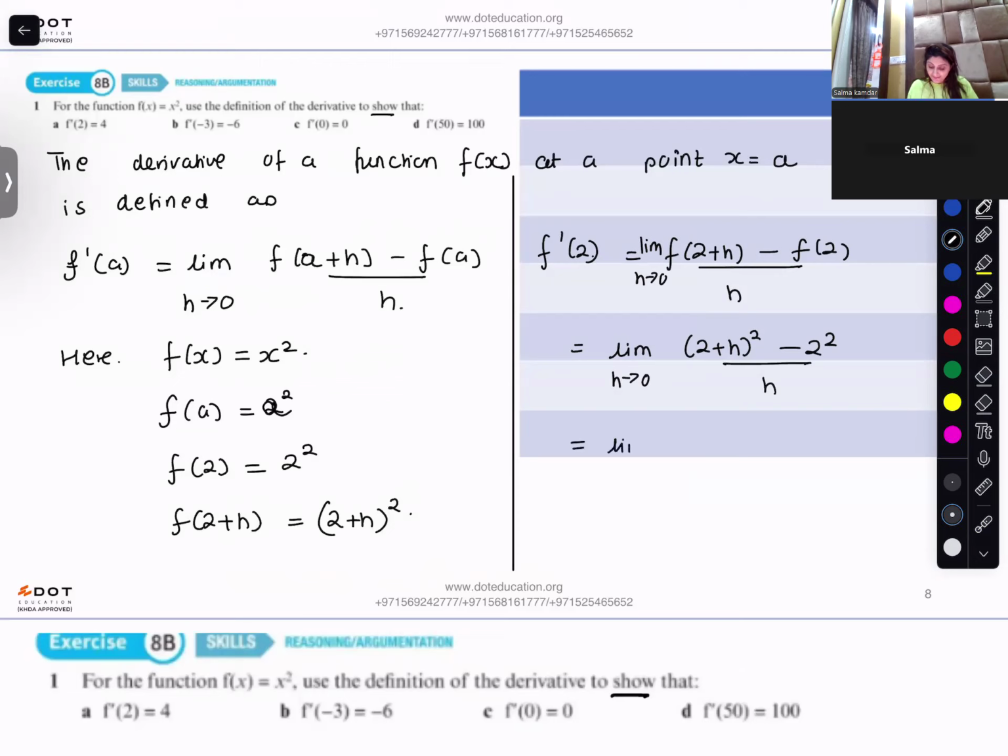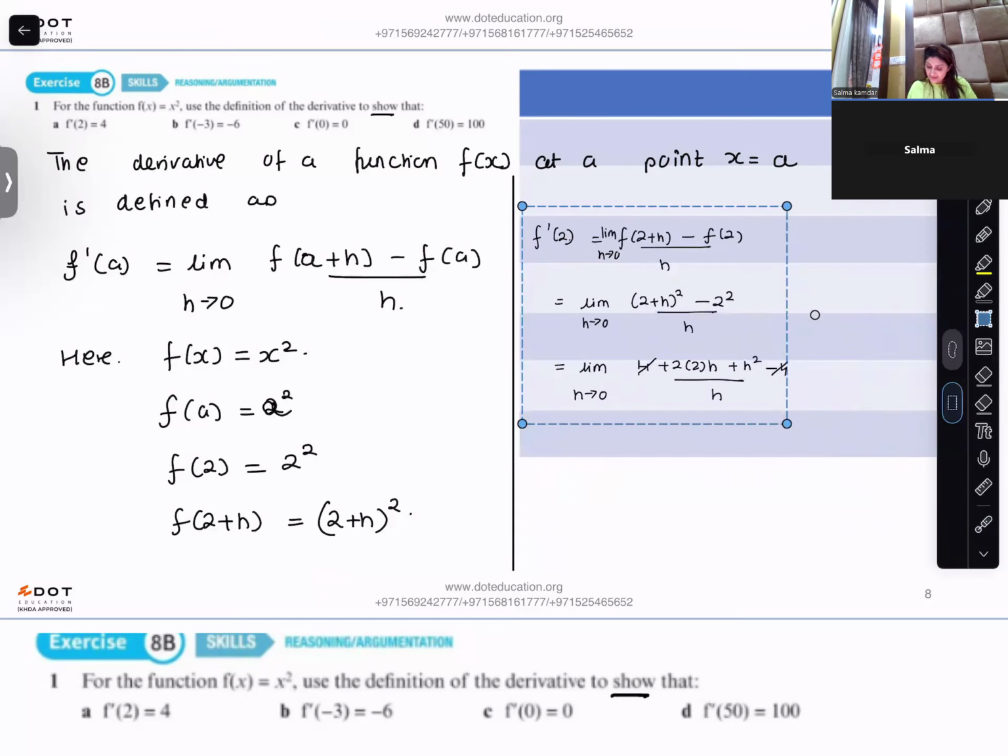So this will be limit h tends to 0, 2 plus h the whole square is nothing but a square plus 2ab plus b square, minus 4, divided by h. The plus 4 and minus 4 get cancelled.